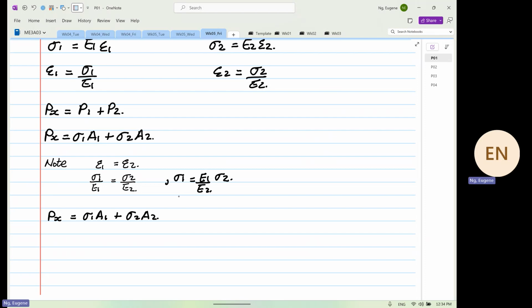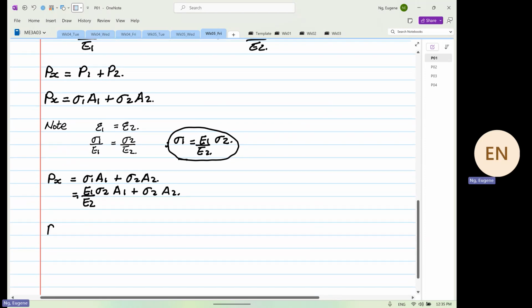But we also know that stress for material 1 is equal to E1 over E2 multiplied by what? Stress 2. So we substitute that in. So we have E1 over E2 multiplied by stress 2 A1 plus stress 2 A2.